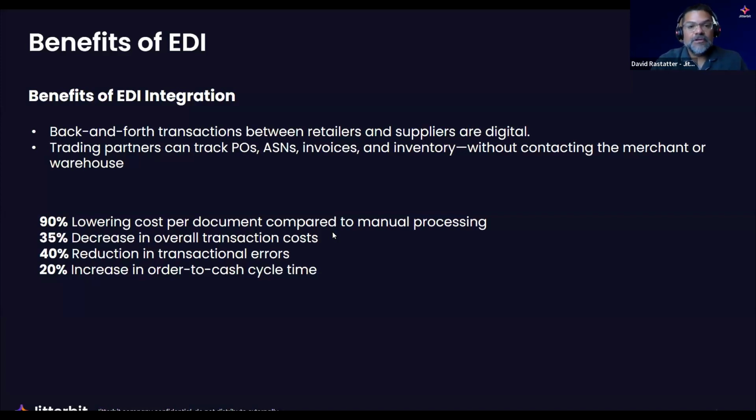By doing that, you reduce the inaccuracies, you stay in compliance with the trading partner, and you keep things consistent. Some of the benefits that we've seen is 90% lowering of costs per document compared to manual processing. That's where that automation piece comes in that I just talked about. We've seen a decrease in overall transaction costs and a reduction in transactional errors because of that automation. And then we've also seen an increase in order to cash cycle time.